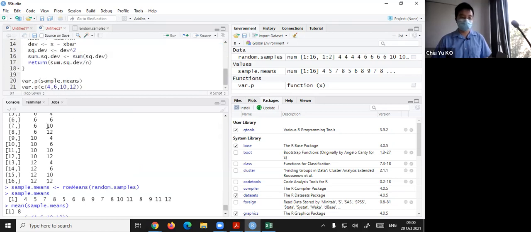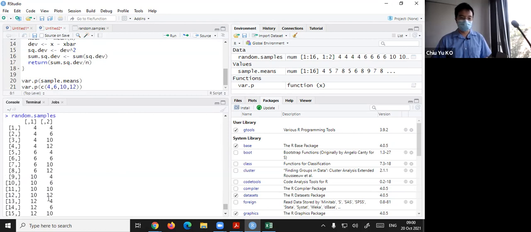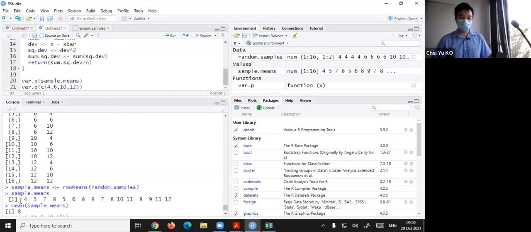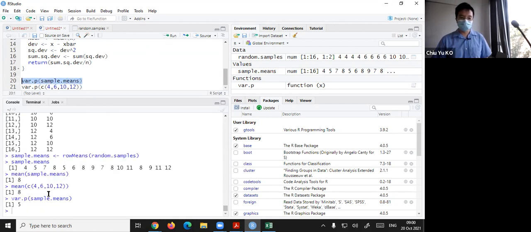There are many samples; you can calculate the variance for each. The sample mean is like this, right? You can calculate the variance of this, and this comes from the variance dot p of the sample mean, which is 5. So all these possible sample means, the variance of this is 5. Is that okay?